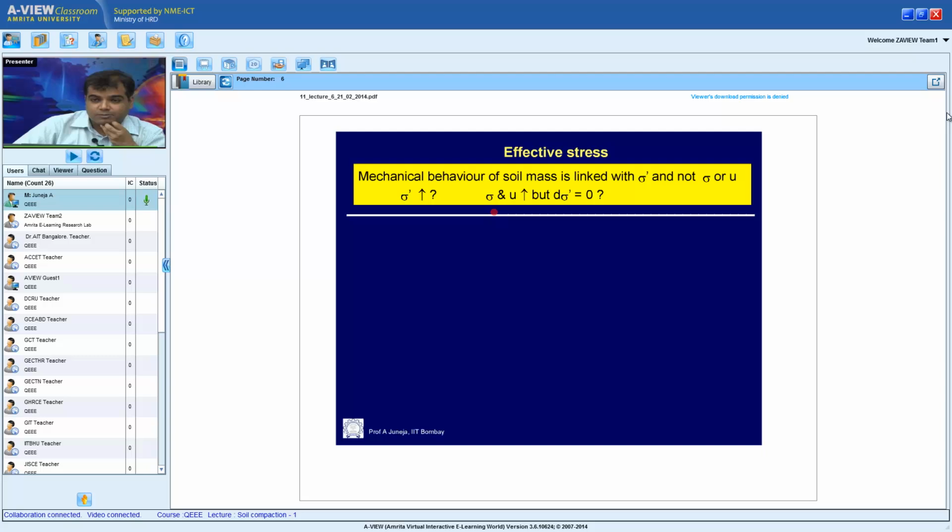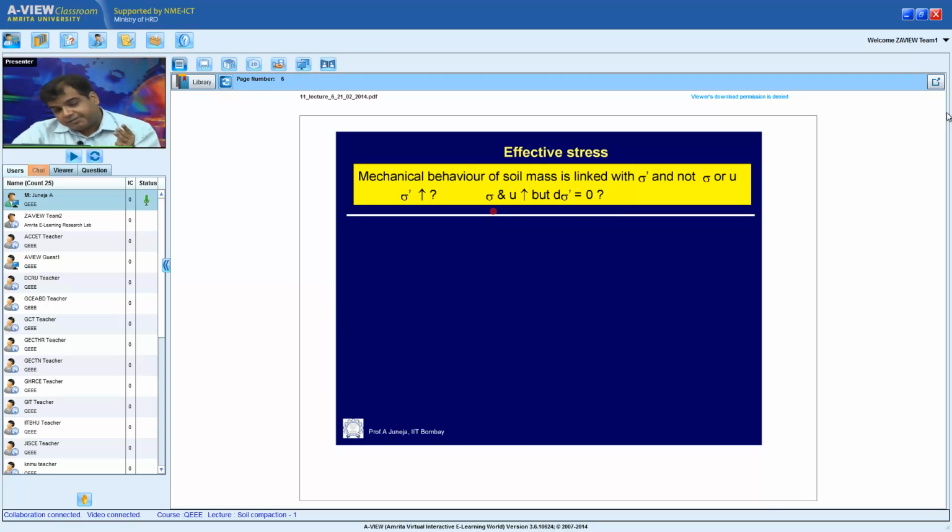In fact, it's the most significant concept on which the strength of the soil, or let me generalize this statement, the entire mechanical behavior of soil depends. In one of the earlier lectures we said the three most important features of soil we are interested in are the strength, the compressibility, and the permeability.